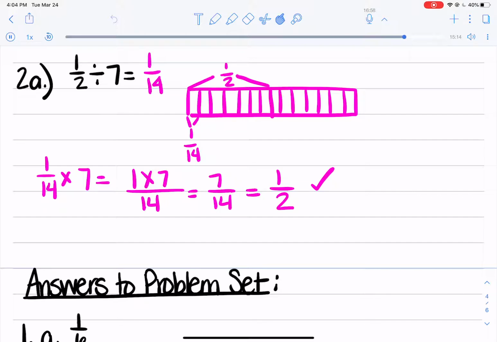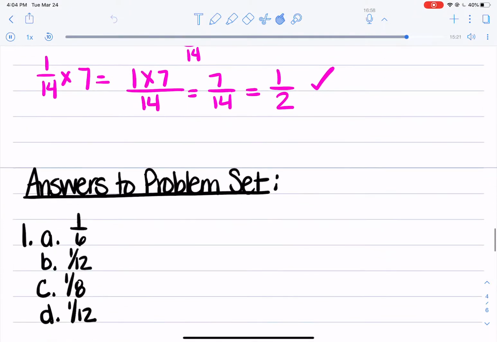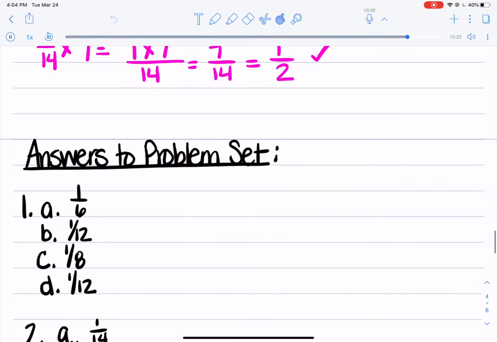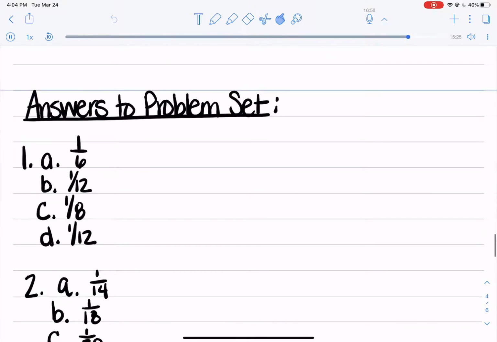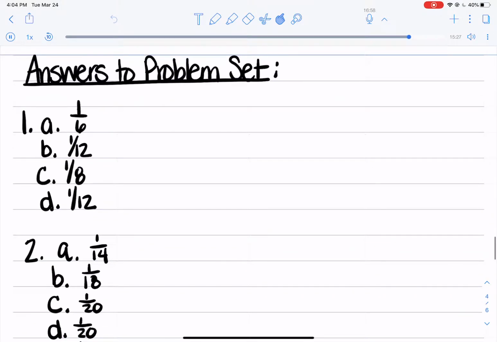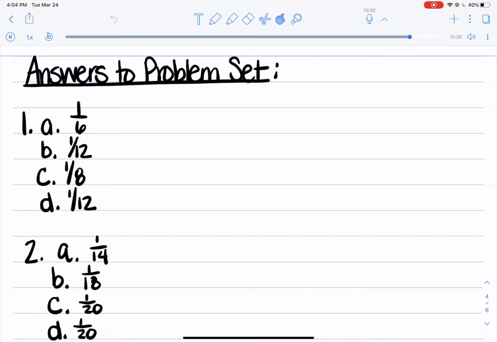Okay, I'm going to insert the answers to the problem set here for you guys to check now. So I would say do the problem set and then come back and check the answers. So go do your problem set and come back in a few minutes when you're done trying the problem set, and there will be an answer key posted here and you can check it. Make sure you pause the video, go do your problem set, and then come back.